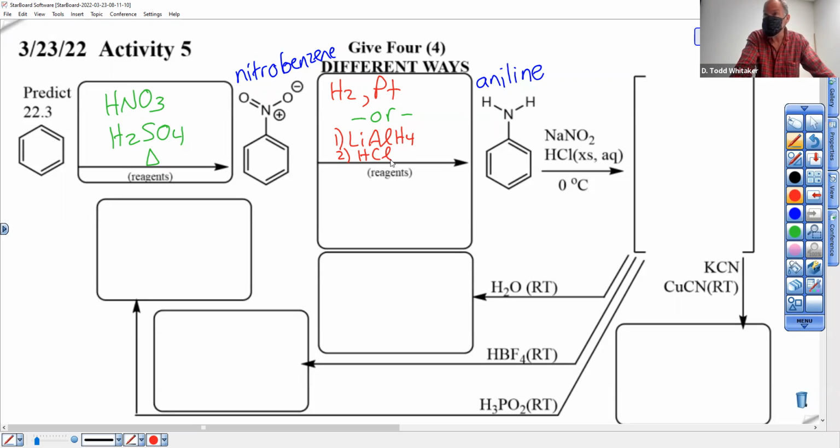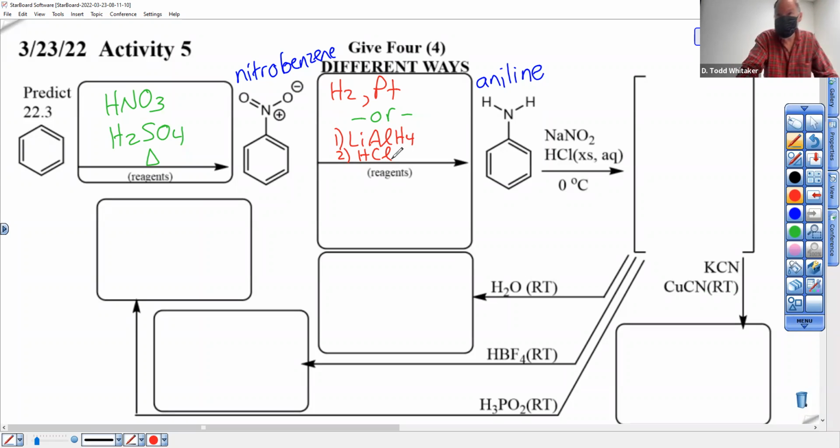We saw it reduce aldehydes and ketones to alcohols. We saw it reduce carboxylic acids to primary alcohols. We saw it reduce esters to primary alcohols. We saw it reduce amides to amines. We saw it reduce nitriles to primary amines. It reduces a lot of things.